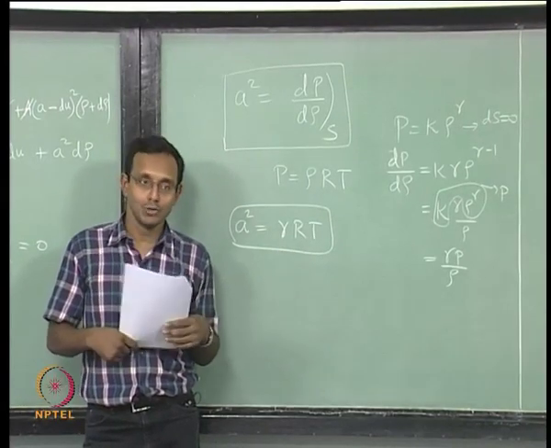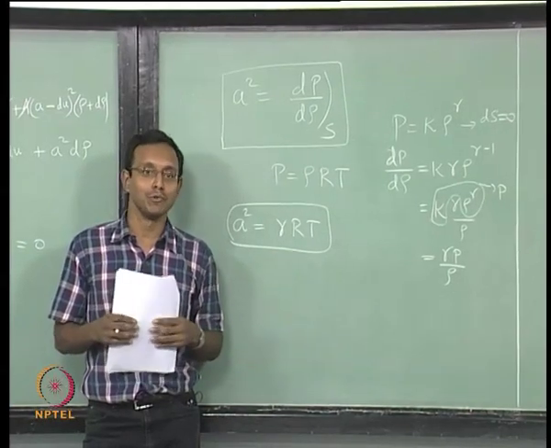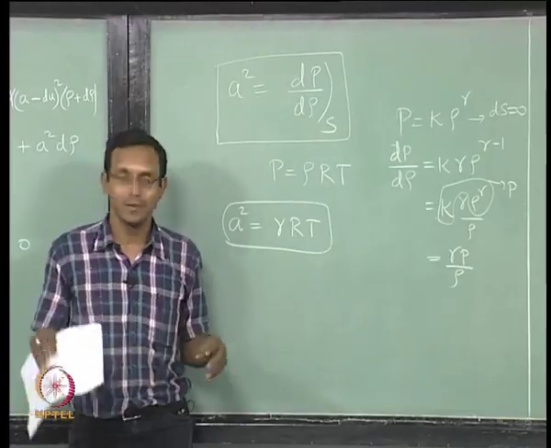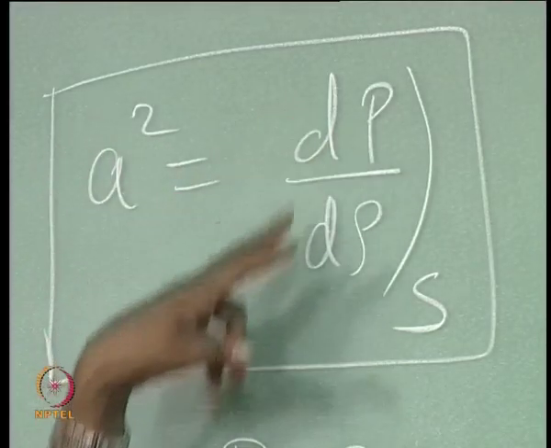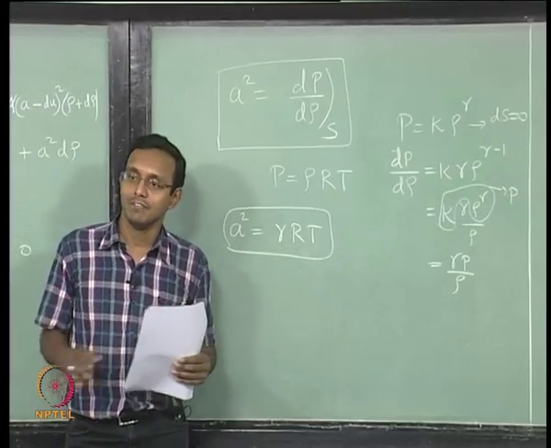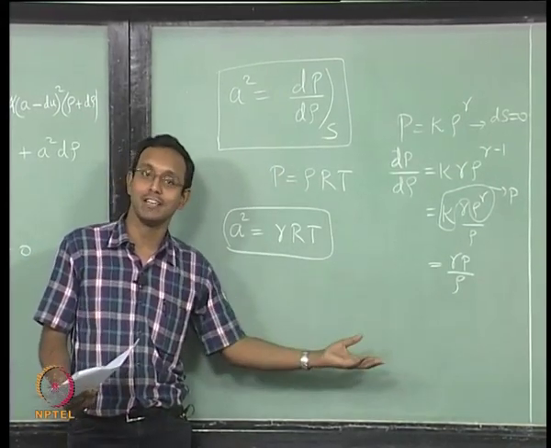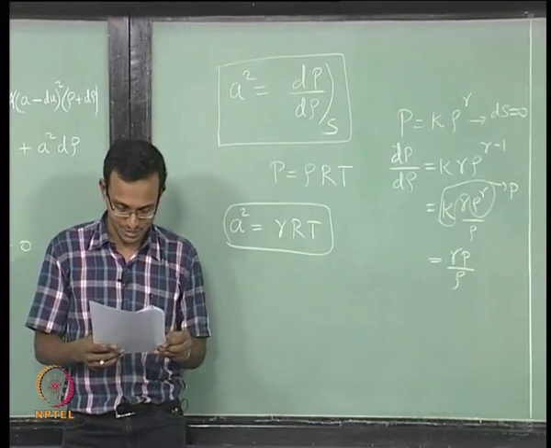Actually, if you go to acoustics people, they have a much more rigorous mathematical proof to show that these waves are isentropic, and so the speed of sound square, A square, can be linked with dP by d rho keeping entropy constant. We will not do that, we will just say we got it from this simple assumption. Of course, somebody else has already rigorously proved it, so we will not prove it rigorously anymore.